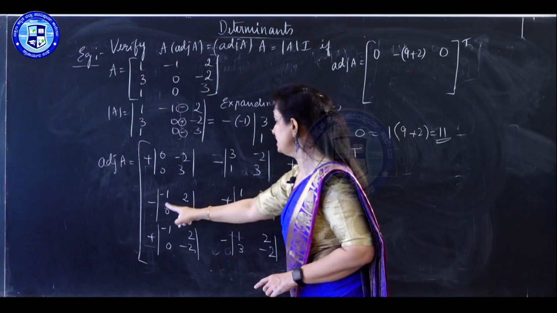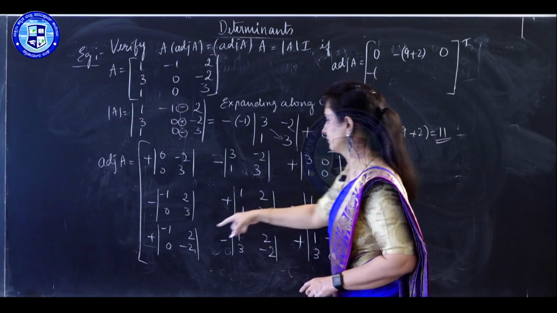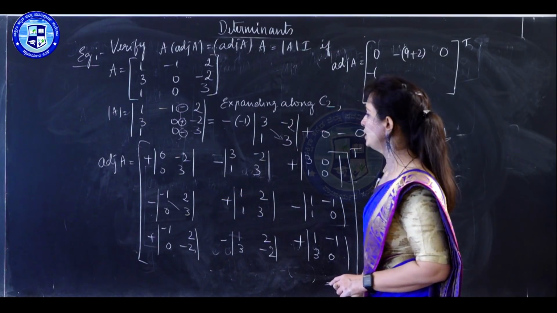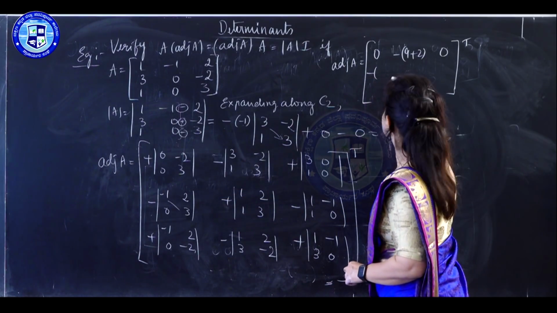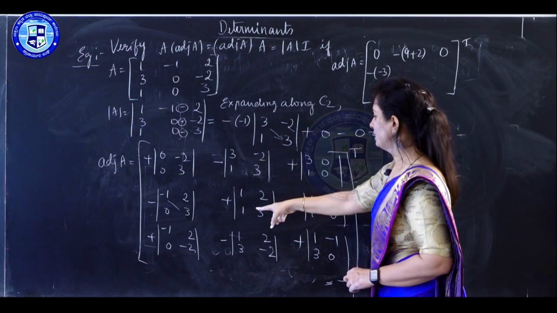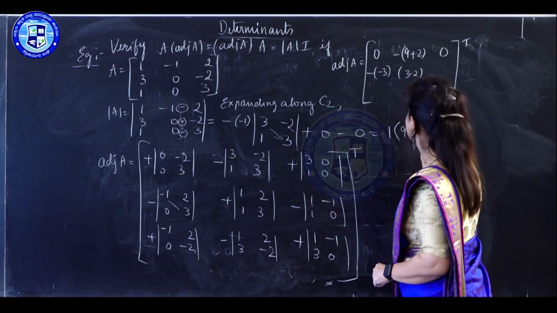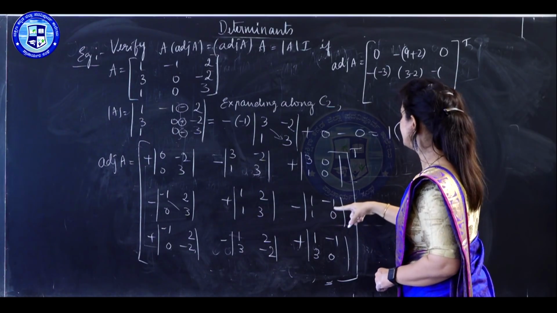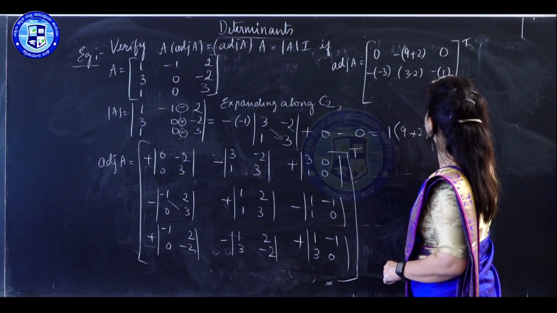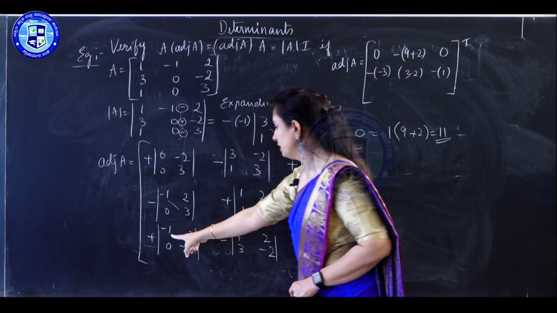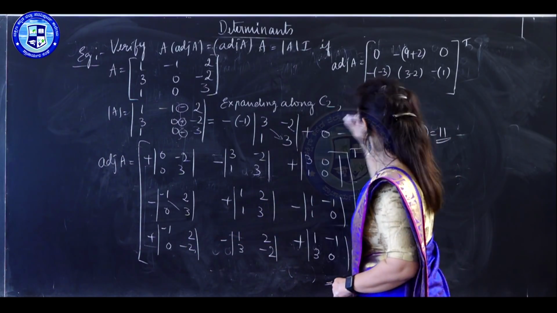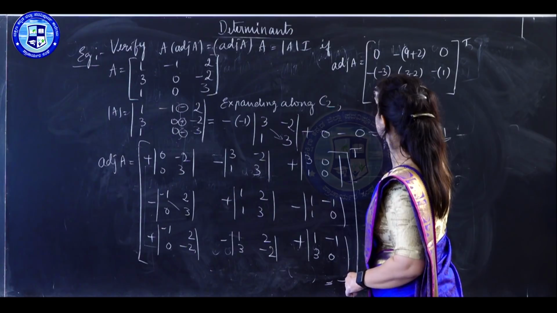Now here minus, cross multiply, minus 1 into 3, that is minus 3. This one, 3 minus 2, 1, minus of 0 minus 1, plus 1. Here plus sign, so minus of minus 2 is plus 2.